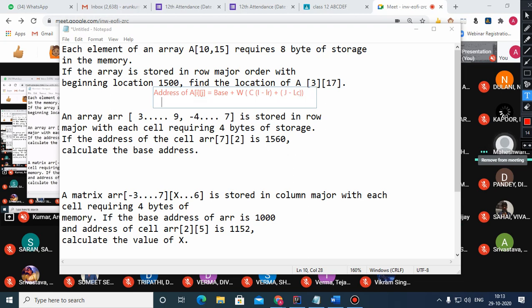Okay. Children, this is the formula, and you have to use this.